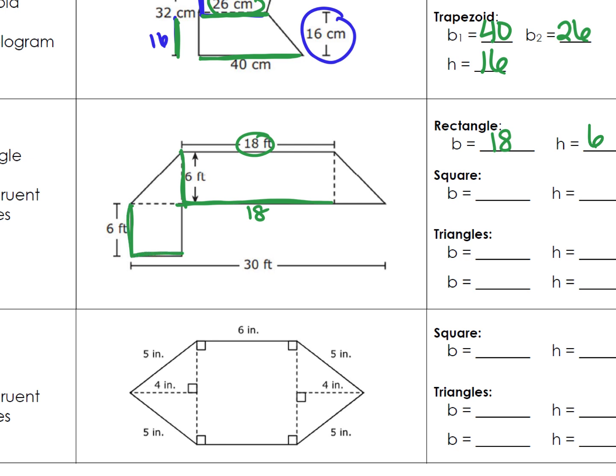So what is the base? That's right, it's also 6 because on a square they're the same. So 6 by 6. Okay, and then my triangles, the base of the triangle is also a side of the square. So if the square is 6, then so is this. And then my height is already labeled here as being 6. So it's 6 by 6. And then the other triangle is congruent, right? So that means it's the same measurements.